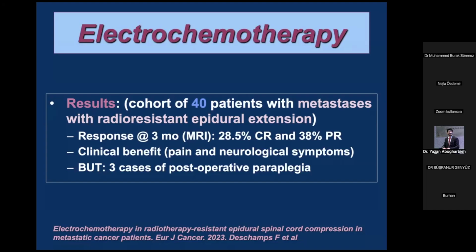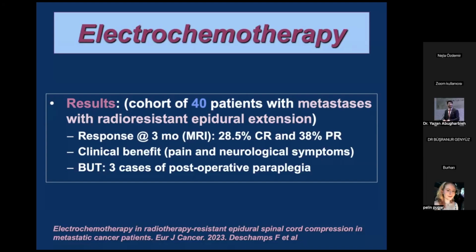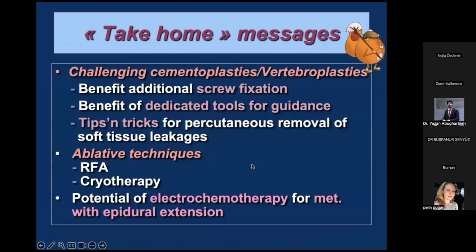But you have to be aware that you can have some severe complications using this technique, and they experienced 3 cases of postoperative paraplegia. So it's a useful technique, but this is the beginning of its use, and maybe we have to improve it to reduce the risk of severe complications like paraplegia.